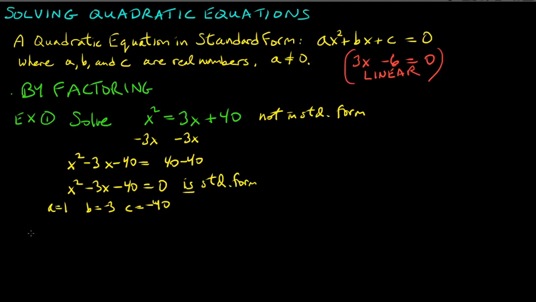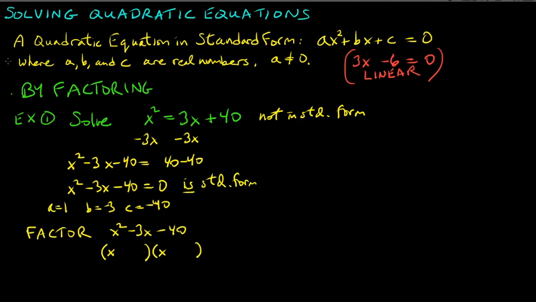So something you've done before, as a reminder: can we factor the left side? Can we factor x squared minus 3x minus 40? Well, you can use the AC method, but since a is 1, we can even use the shortcut method. What two numbers multiply to negative 40 and add to negative 3?